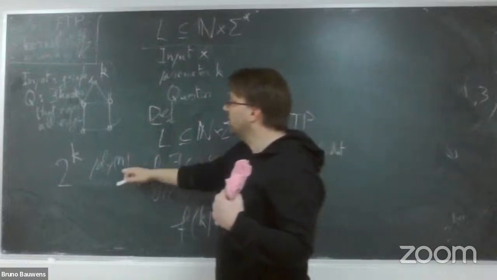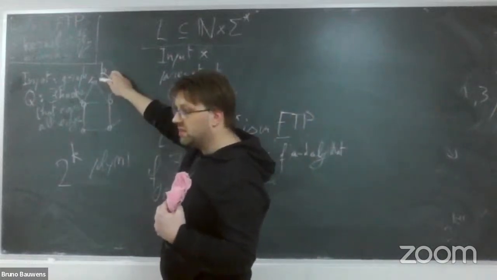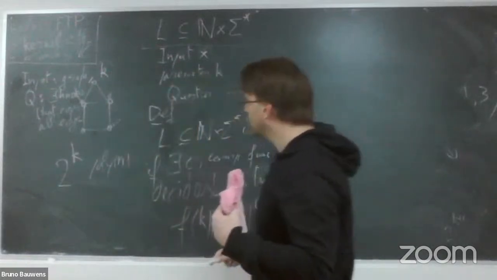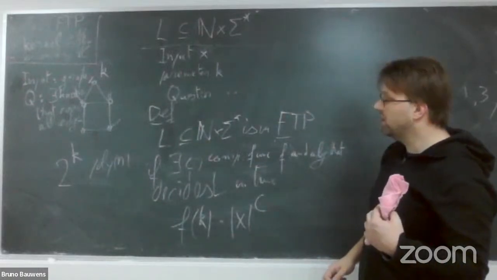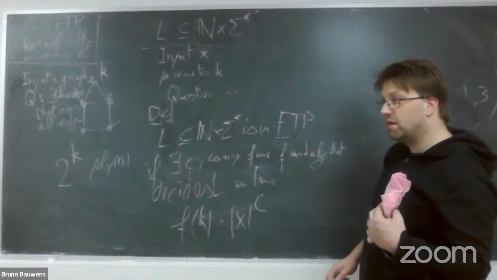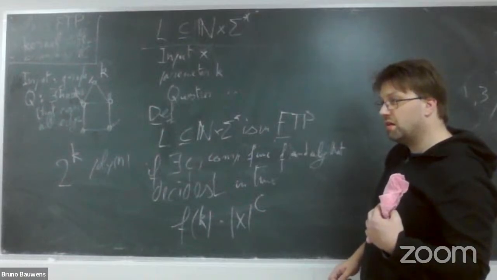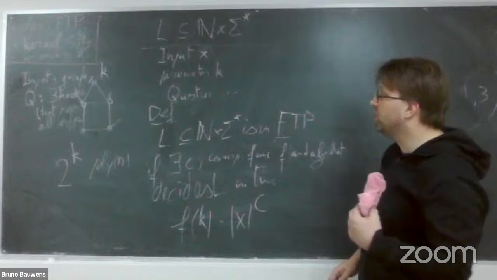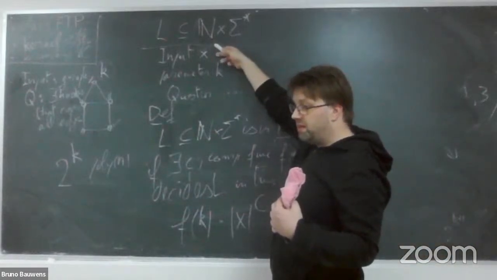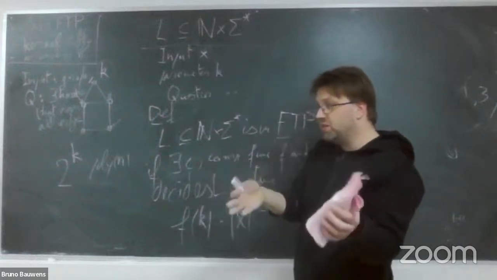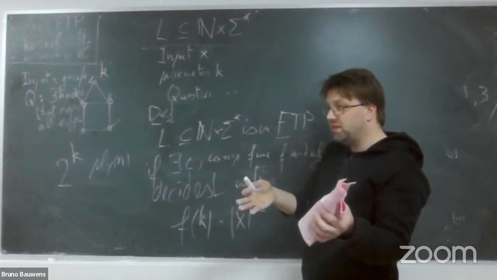So for vertex cover, the parameter is this k. K is a part of the input and can be anything, but it's a special part of the input that we call the parameter.